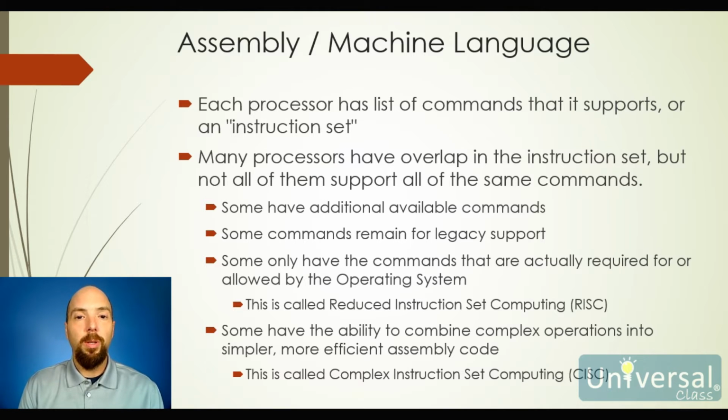Now, those are typically going to be faster because the chip only has the commands that are actually needed by the operating system, but it does not necessarily have legacy support for older applications. There are also other ones called complex instruction set computing, and those are CISC chips. And essentially what that means is that they have all of the possible instructions that could be sent to them. It could be legacy or even things that will be used in the future that aren't fully implemented yet.